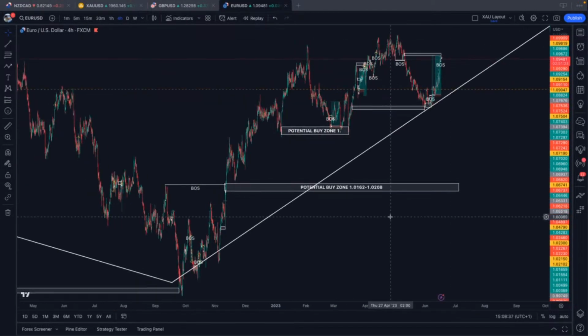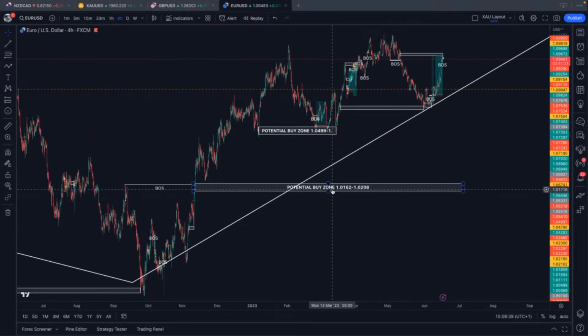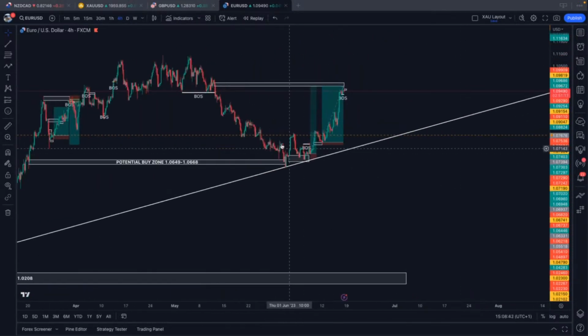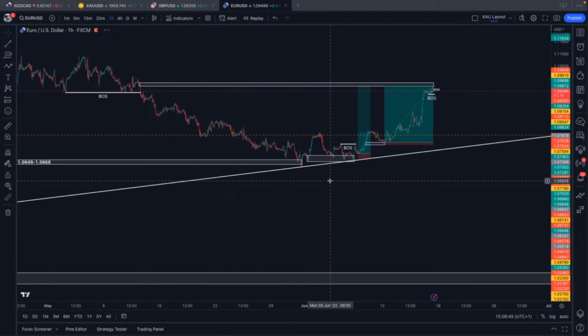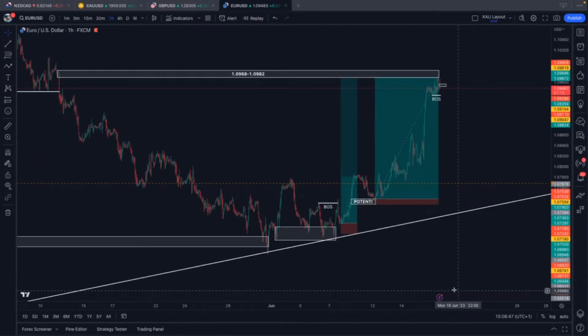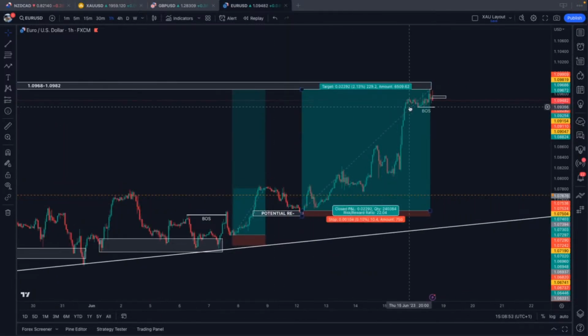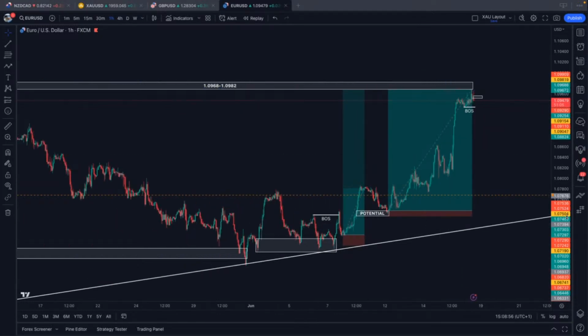So I have this area as a potential area to buy from. What I'm expecting to see now is, because I've been trading this market, we've placed some long positions in this market this coming week. We actually placed a long here last Friday and traded price all the way up and into this higher time frame supply zone.